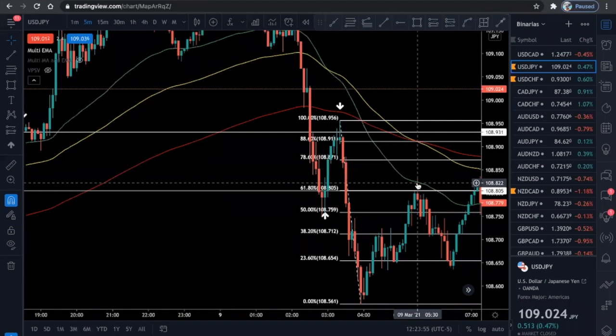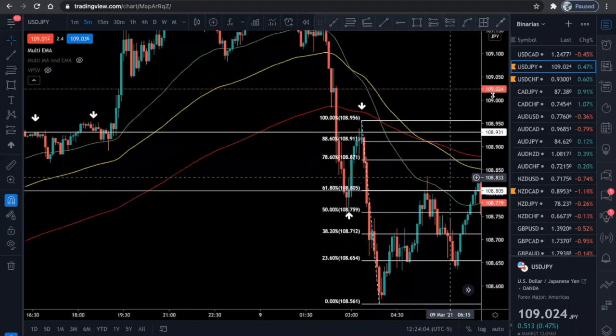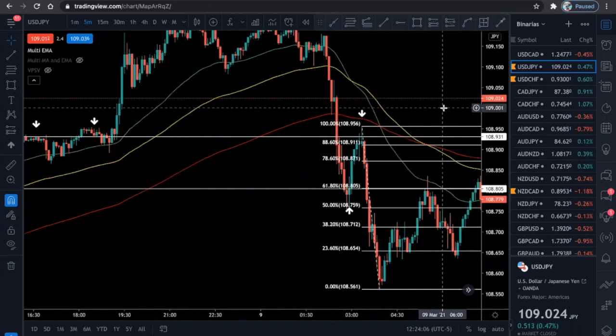But for example, if you trade Aussie NZD, or you have the Aussie dollars or the NZD dollars, and they give you a lot of wicks, you want to see a wick touching the EMA. That's going to help you get a rejection price, and you can have better entries.